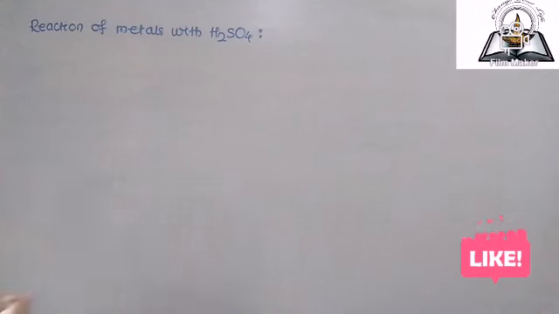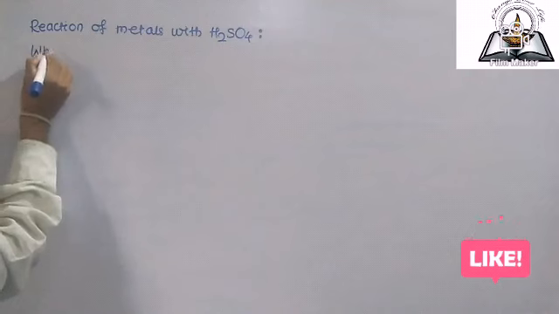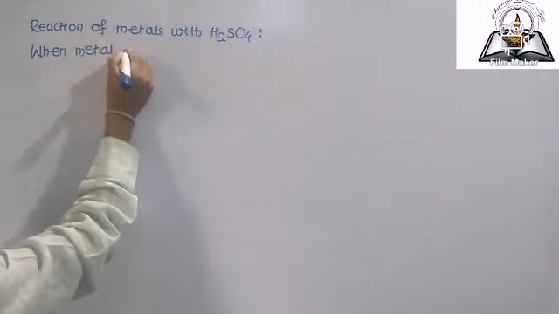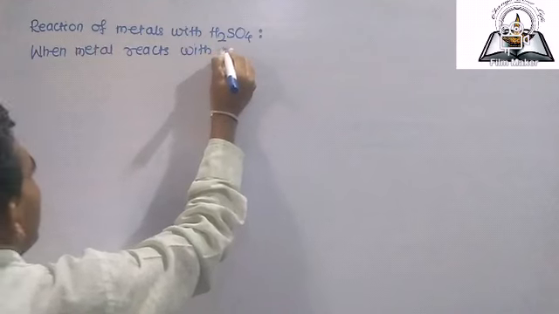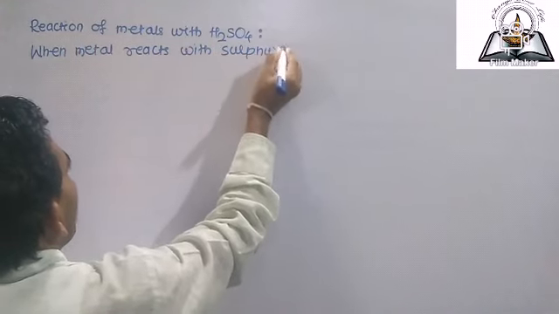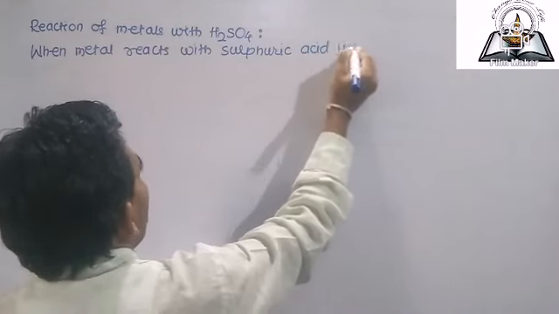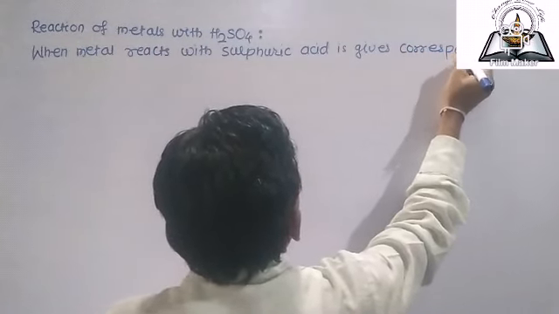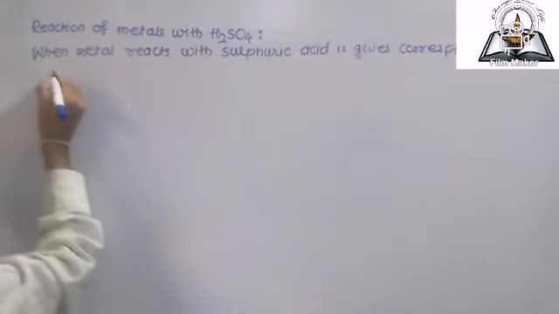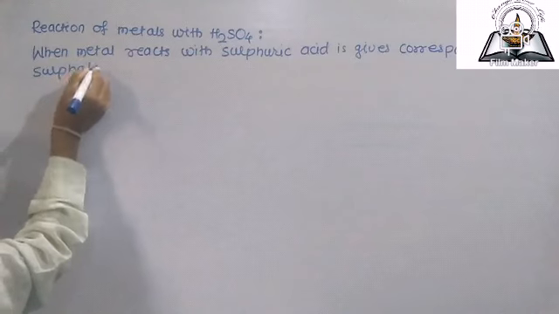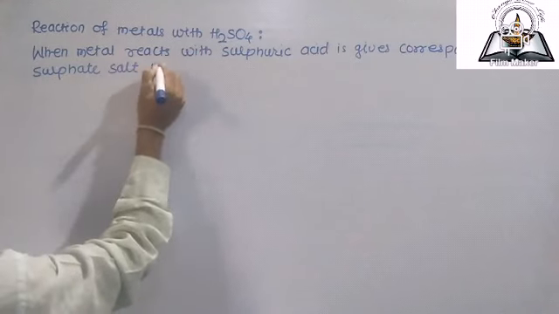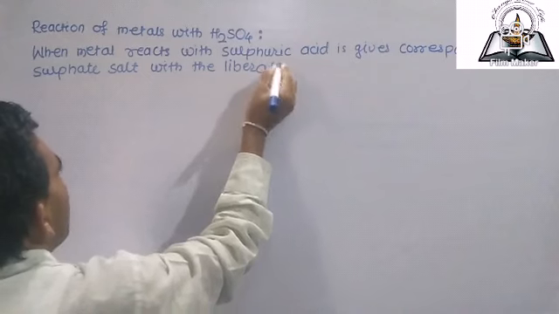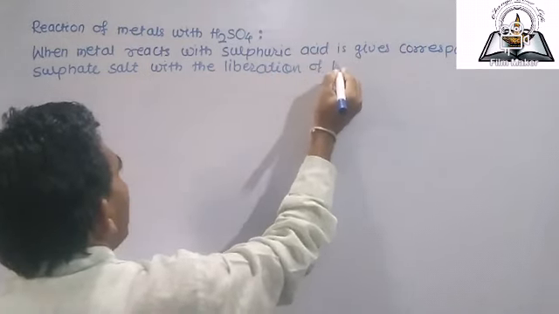First of all we will write the general statement. So when metal reacts with sulfuric acid, it gives the corresponding sulfate salt with the liberation of hydrogen gas.